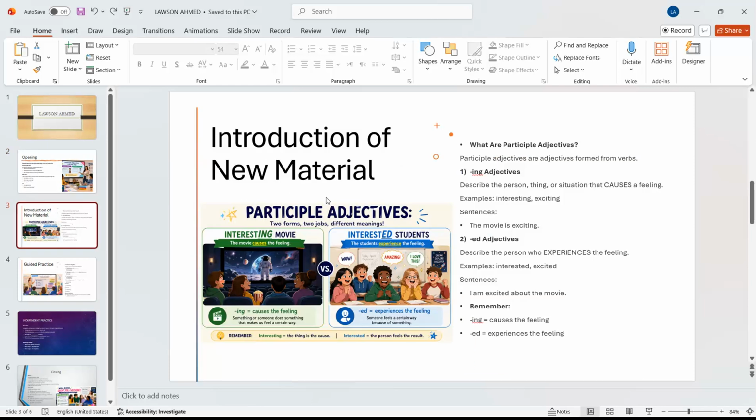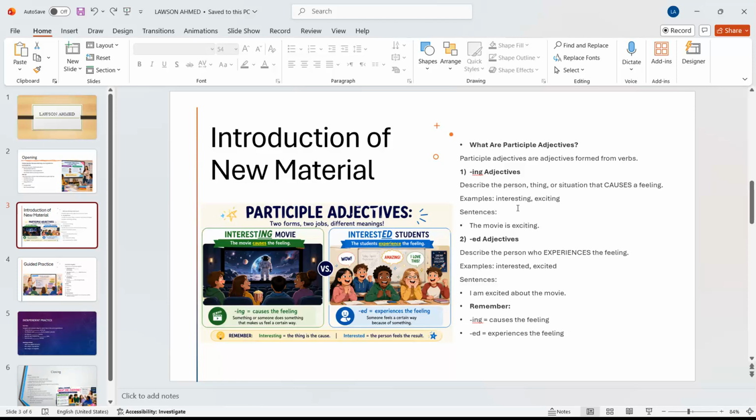Alright, so we shall introduce this by seeing what participle adjectives are. These are adjectives formed from verbs. Number one, ing adjectives describe the person, thing, or situation that causes the feeling.